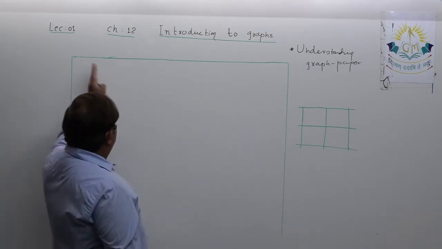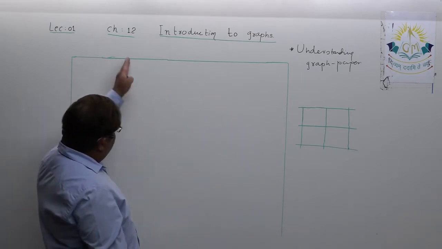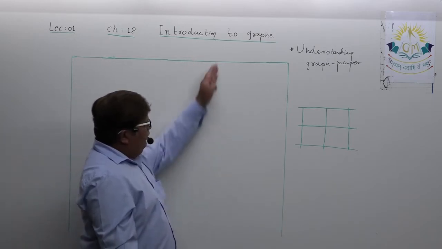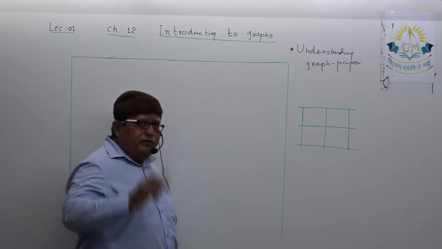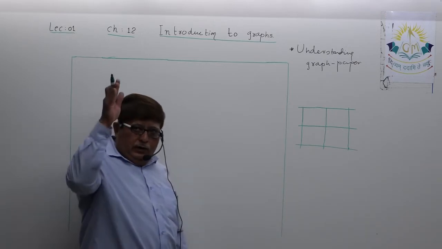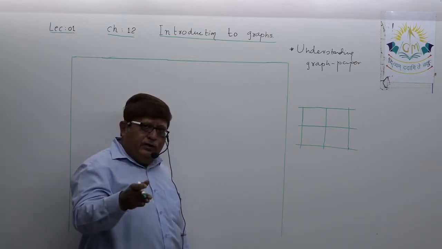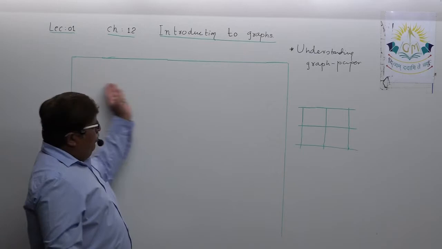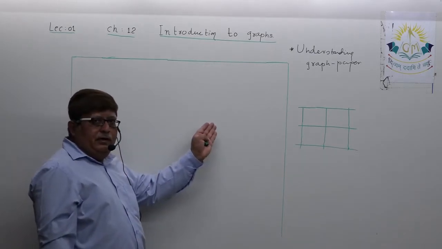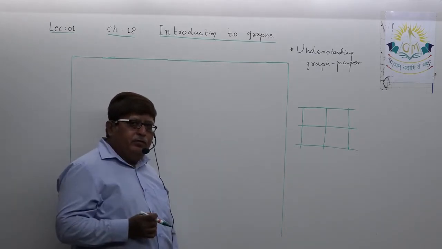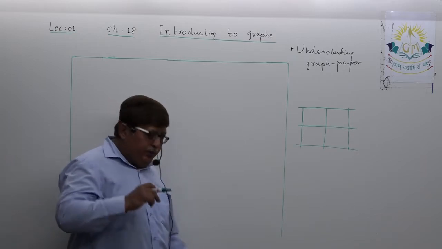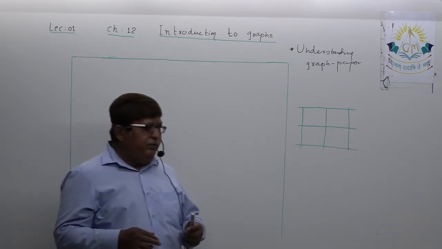Understand, like if you mark 1, 2, 3, 4, 5, 6, whatever, you just count the number of hard lines, vertical hard lines and horizontal hard lines, which you can observe on your graph paper. You please just verify.